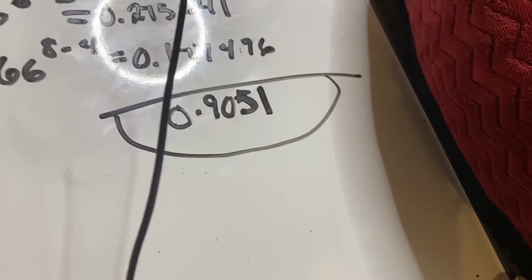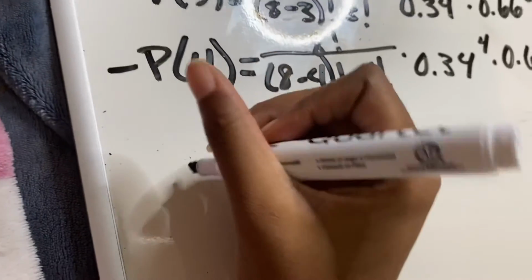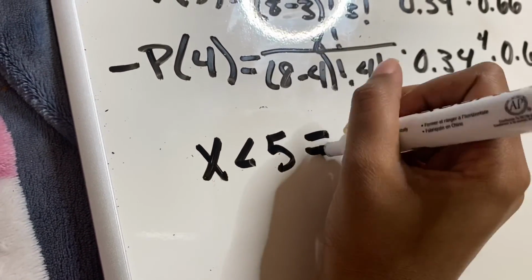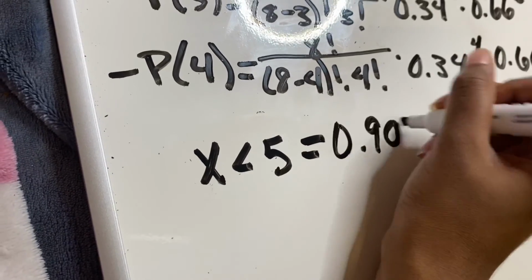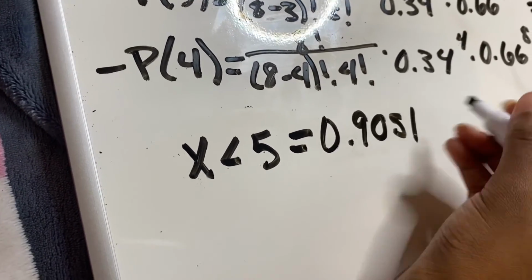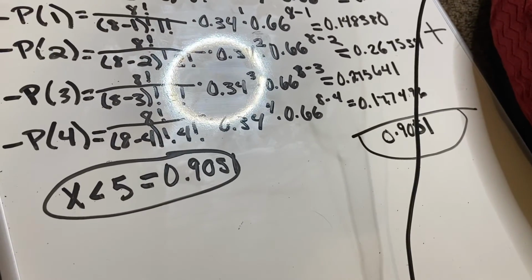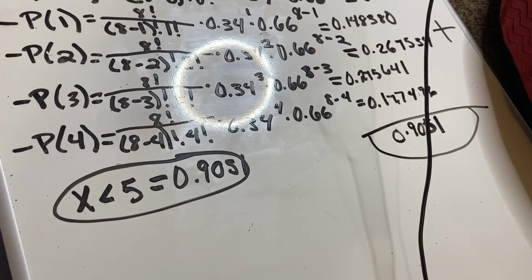And this number basically represents x less than 5 equals. And this is how you solve parts A and C of finding binomial probabilities.